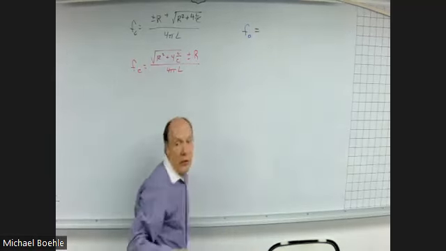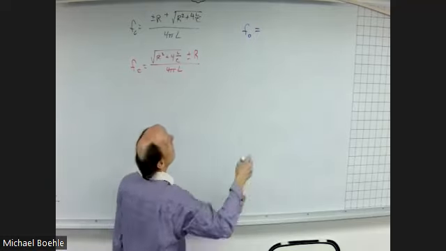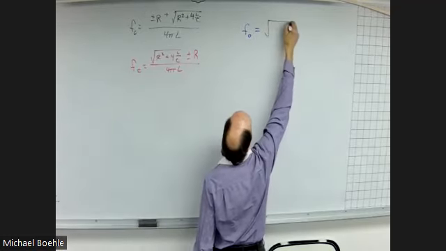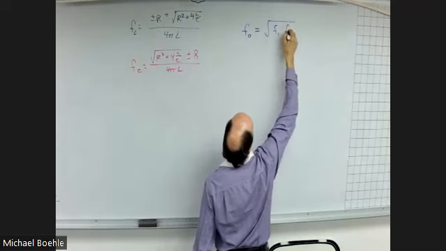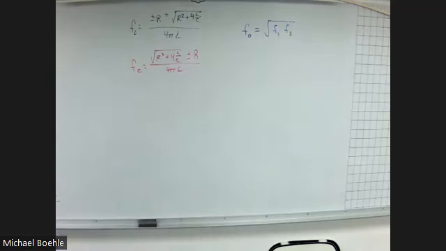Actually finding the center resonant frequency is done by taking the square root of the product of the upper and lower cutoff frequencies. That is the exact formula for a resonant frequency.